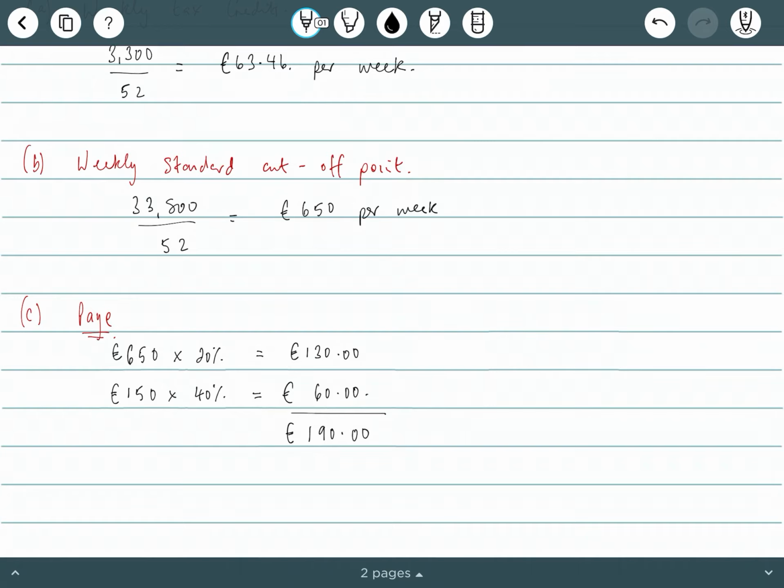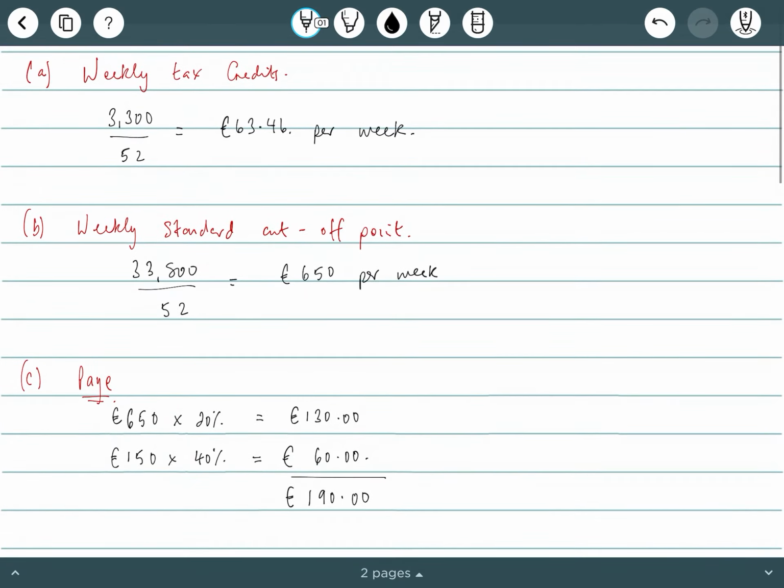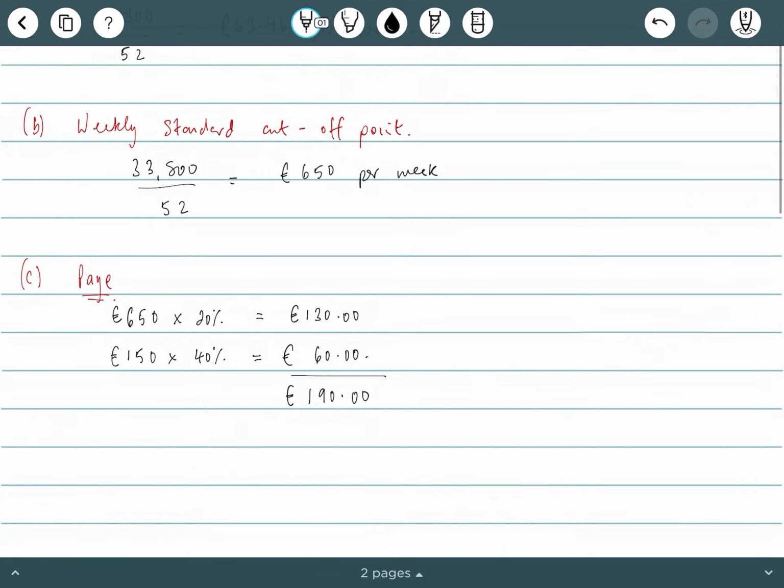Now, however, don't forget she has a tax credit. As I said to you before, this is like a discount on tax, on the PAYE. So what we'll do is we'll minus the tax credits. You take your tax credits, brackets for minus in accountancy, and it's €63.46.